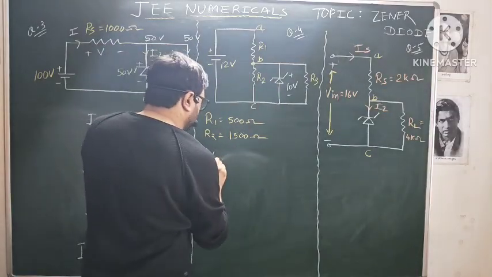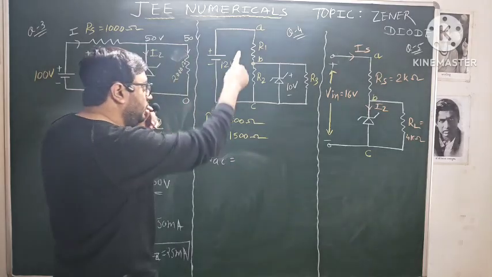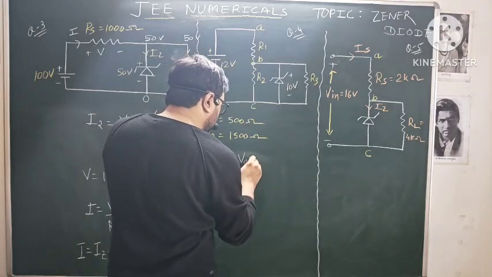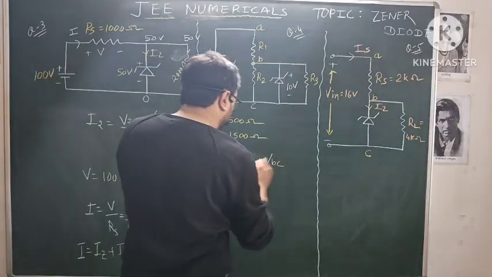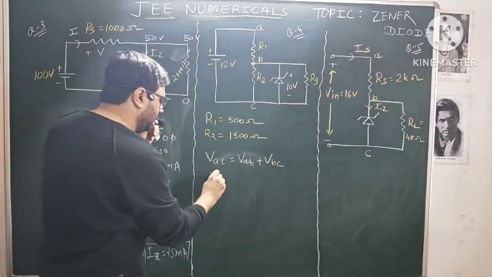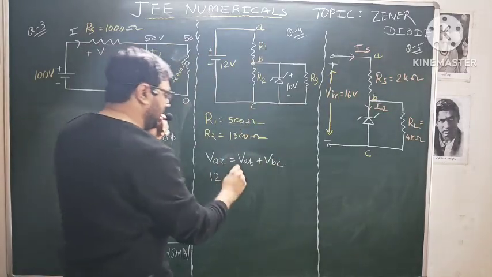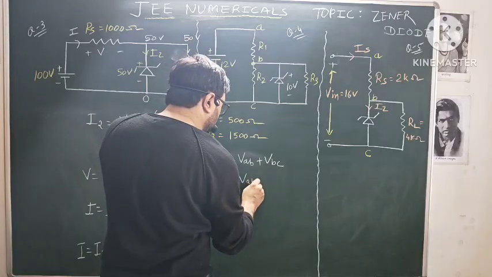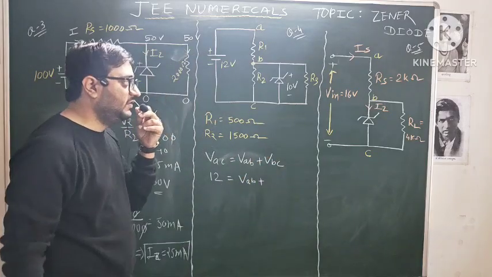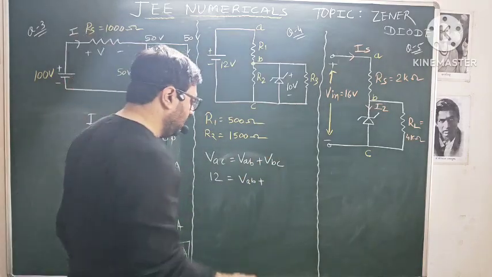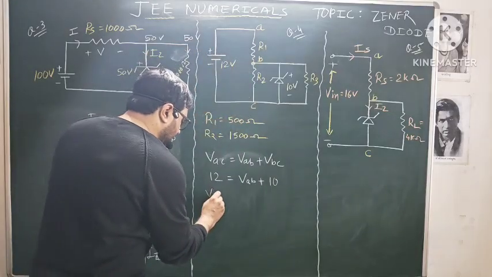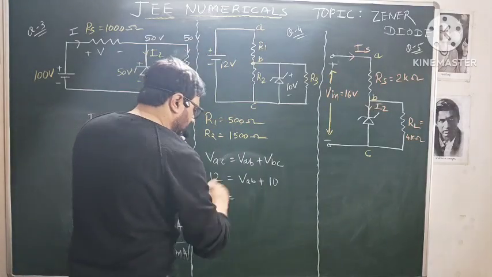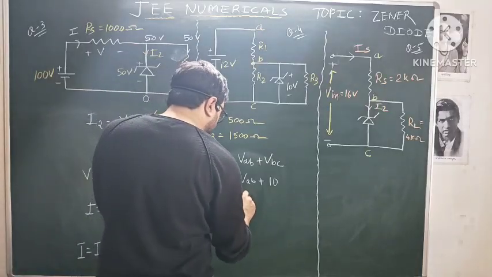VAC is equal to VAB plus VBC. Now VAC is 12 volt, VAB we don't know. Now VBC, which is the potential across the Zener diode, is 10 volt. So VAB is 12 minus 10, that is 2 volt.